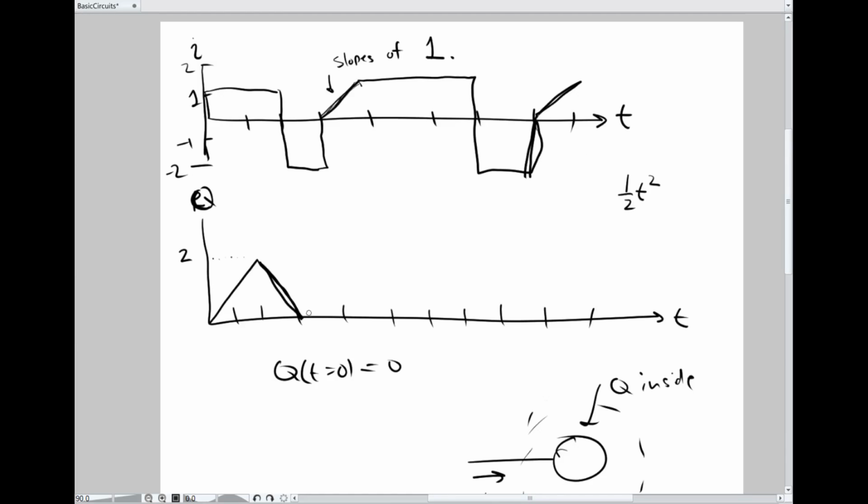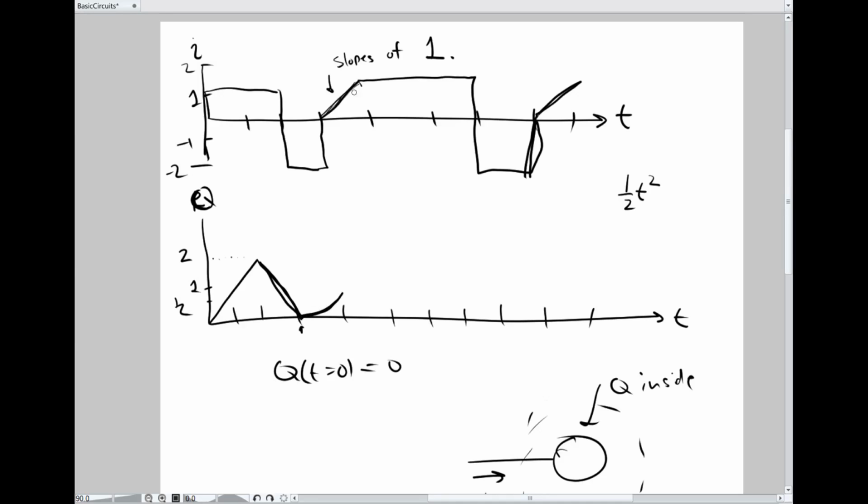So we know it's going to go up from here like 1/2 t squared, starting here as if this were 0. So after 1 unit of time, it's going to make it up to 1/2. So say this is 1, say this is 1/2.